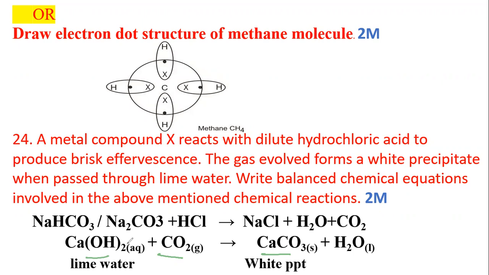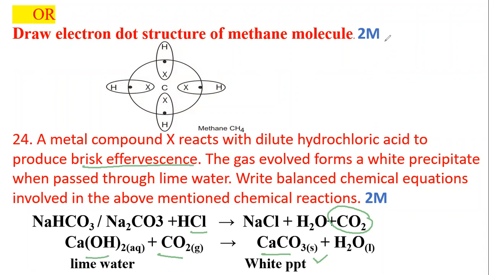Lime water is calcium hydroxide, and it converts into a white precipitate of calcium carbonate. Understood? Note down this equation. Sodium carbonate or sodium hydrogen carbonate, whichever you take, when treated with acid, there will be a liberation of CO2 gas, which produces brisk effervescence.